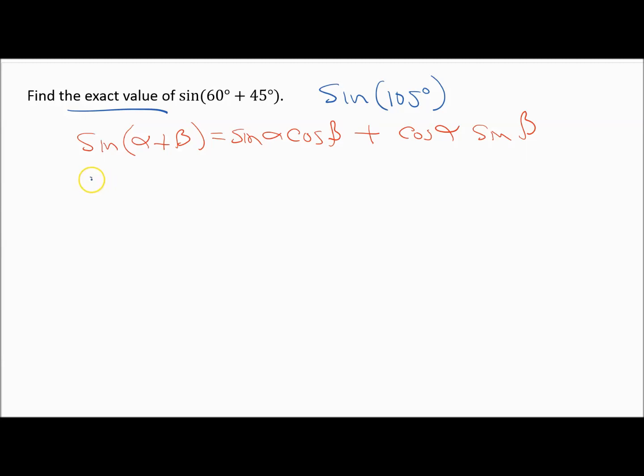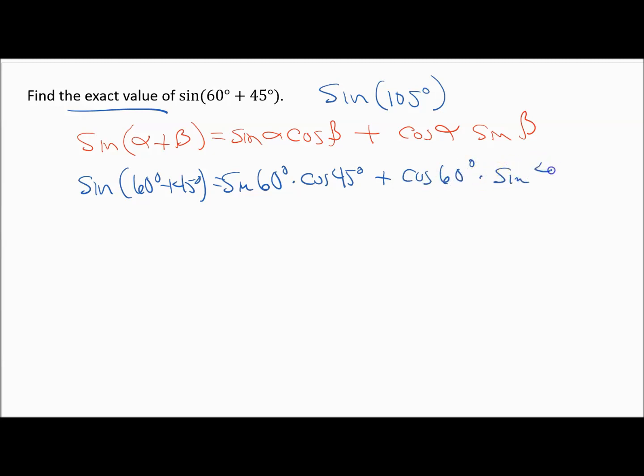So we're looking for the sine of 60 degrees plus 45 degrees. That's going to be the sine of 60 degrees times the cosine of 45 degrees plus the cosine of 60 degrees times the sine of 45 degrees.